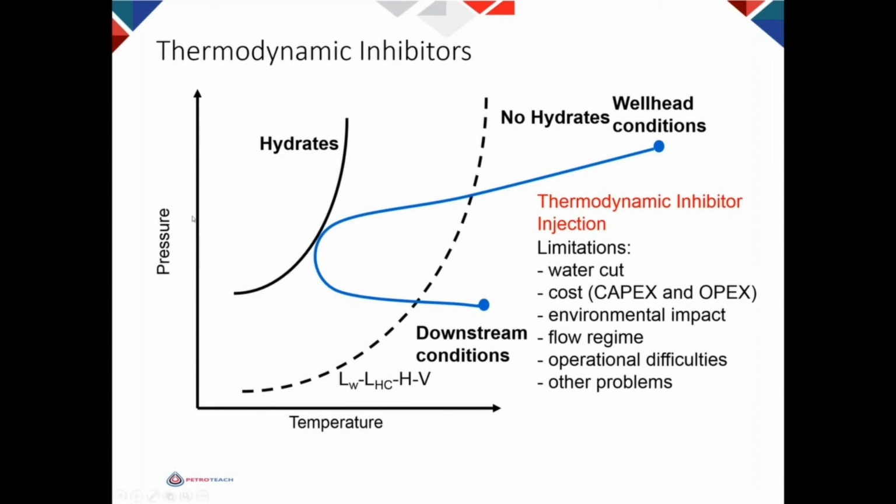So we need to cool further, and that's the way they work for avoiding hydrate. The problem with thermodynamic inhibitors is that we need a lot of them in the aqueous phase, between 30 to 50 or 60%. So if we have a high water cut, that's going to be very expensive, especially offshore.